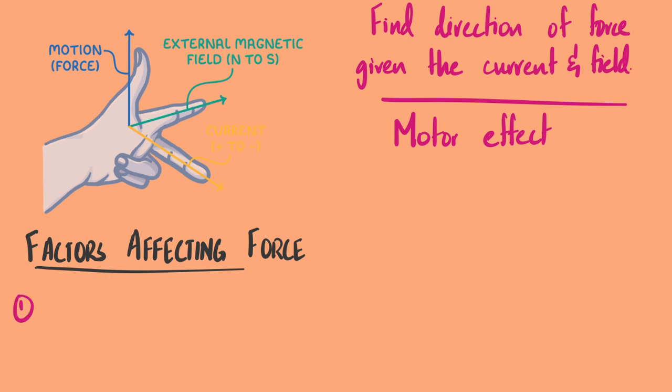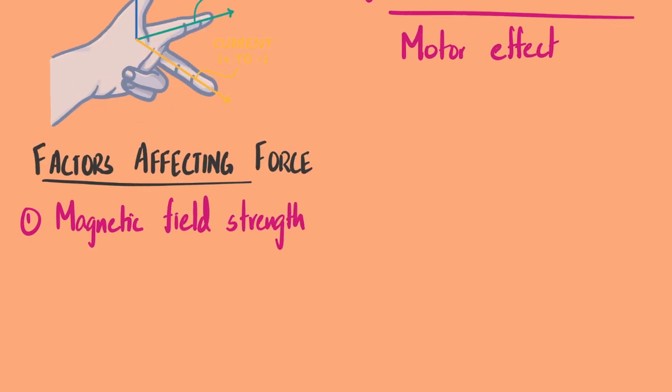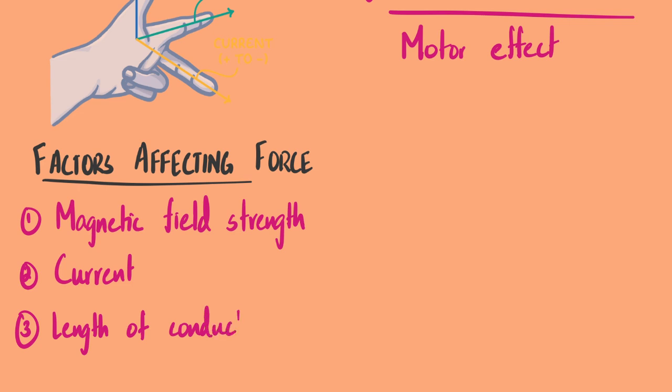The first one is the magnetic field strength, so how strong the magnets are. The second one is the current. And the third one is the length of the conductor in the field.